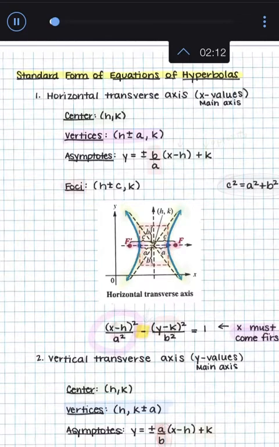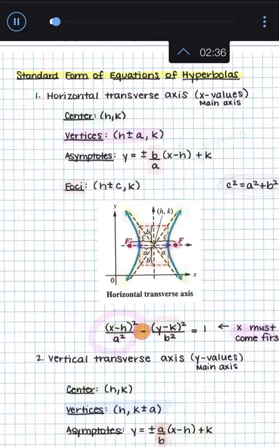Notice if you go down, you'll see an x squared and a y squared. You still have an a squared and a b squared, and you still have that equals 1. The huge difference between an ellipse and a hyperbola is that instead of a plus in the middle, it is now a minus. That is the only way to know the difference between a hyperbola and an ellipse.